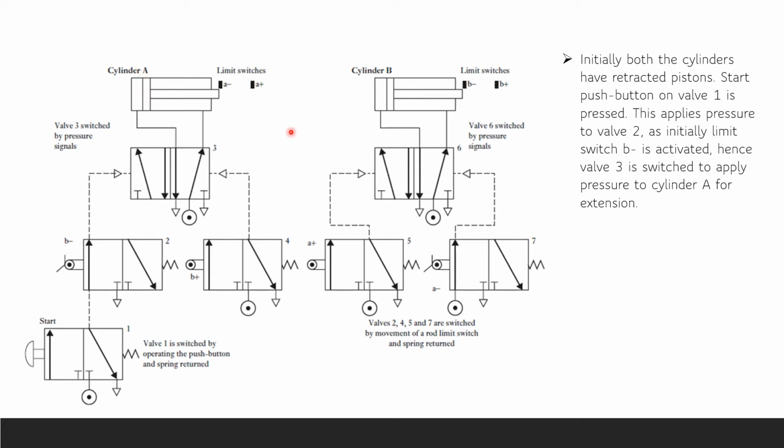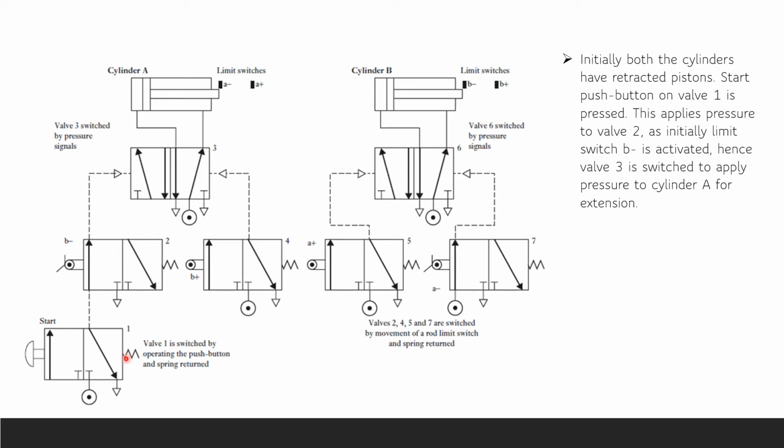The negative or minus sign represents the retracted position and the positive sign represents the extended position. So A minus and B minus are operated when the pistons are in the retracted position, and A plus and B plus are operated when the pistons are in the extended position.